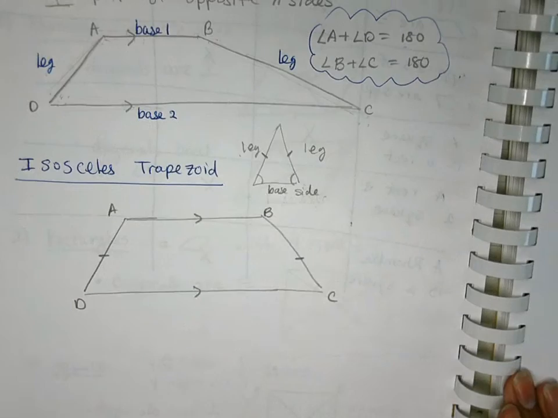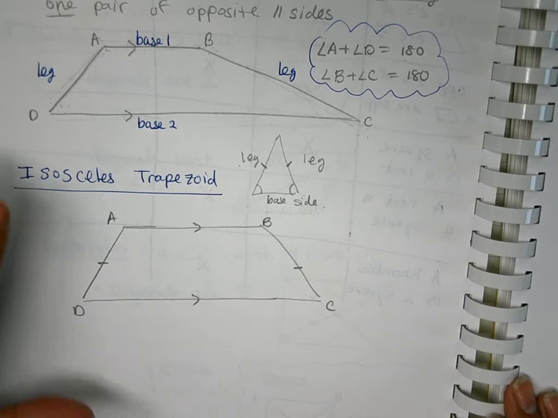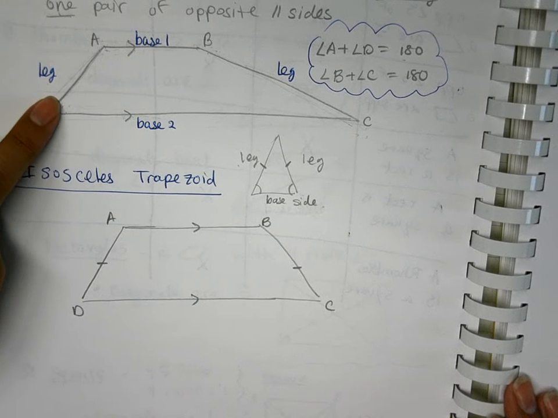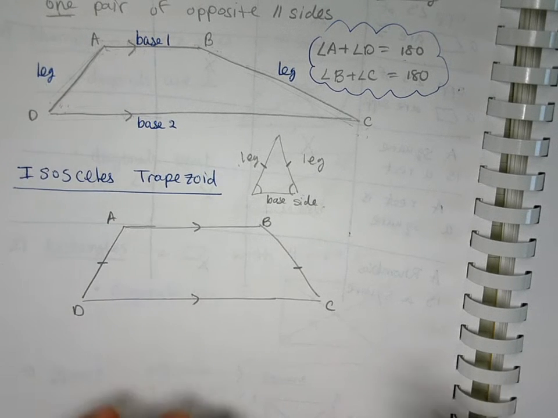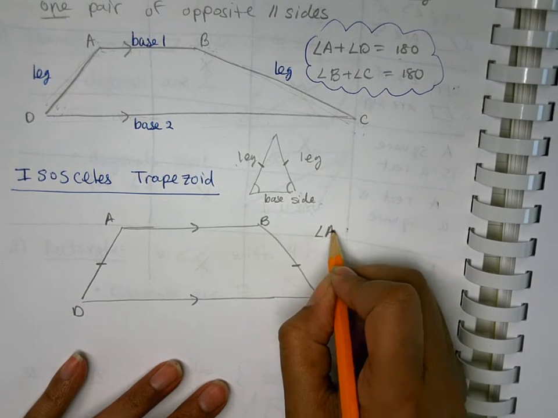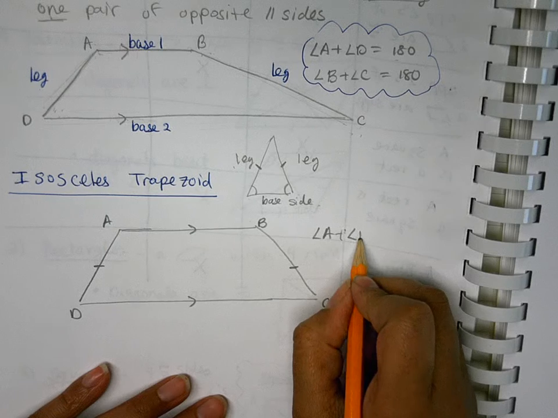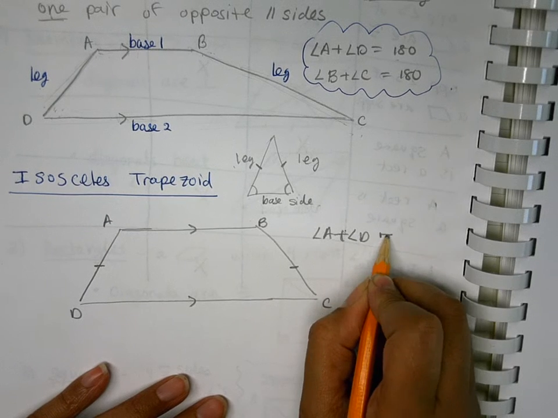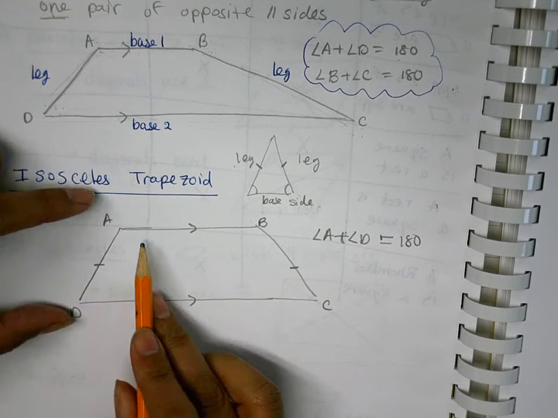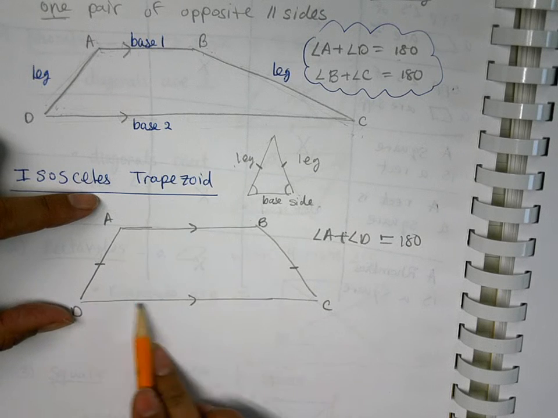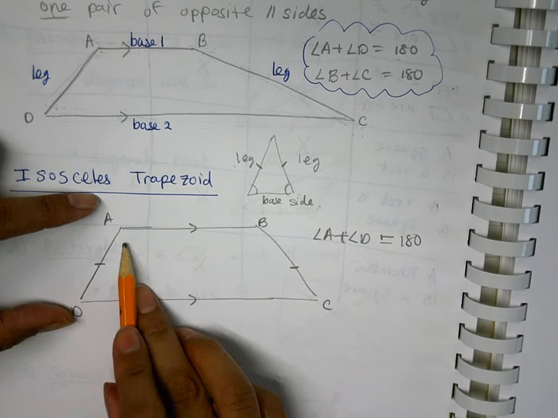All right, now an isosceles trapezoid is just like the regular trapezoid as far as your supplementary angles. So angle A plus angle D is still what? 180. 180 for the same reason as before. The arms of your C are parallel, so these two are supplementary.